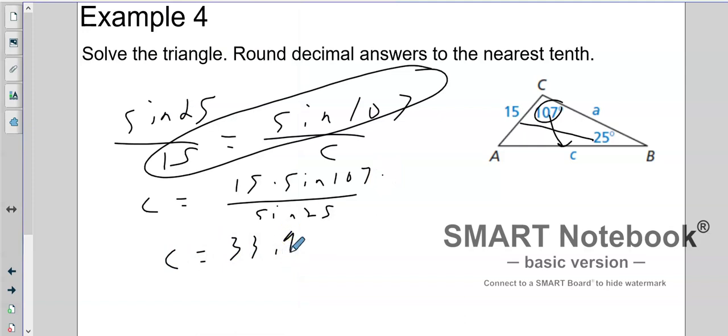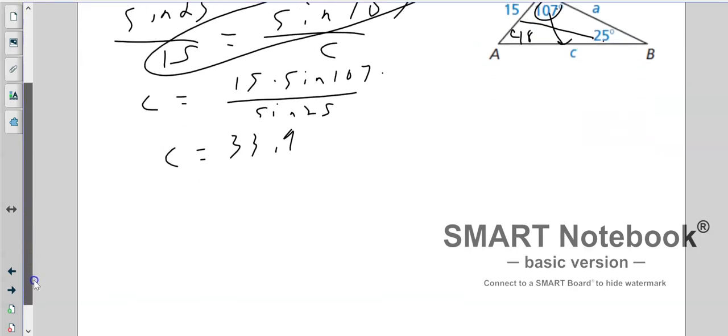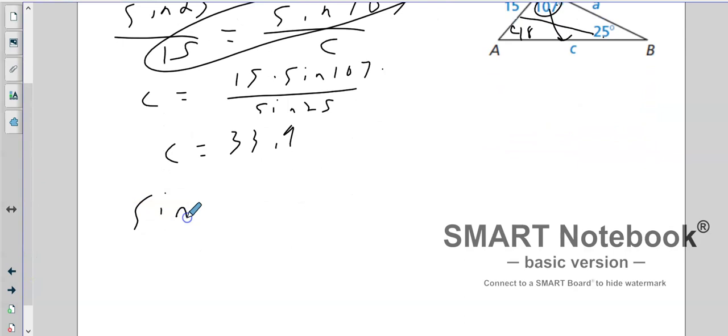Now, using the same concept as before, if I have 107 and 25 for two of my angles, if I add them up and subtract from 180, I get 48. Once again, I can use 107 and 33.9, or I can use 25 and 15. It doesn't matter. I just like to always go with the same one I started with.